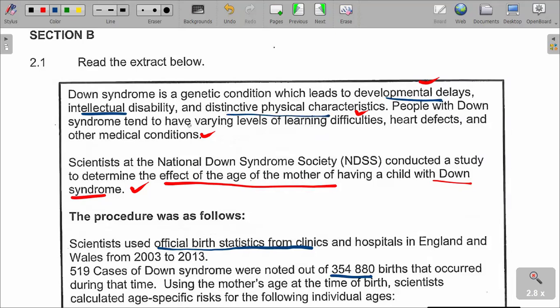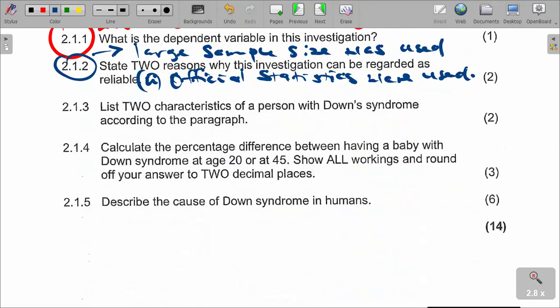People with Down syndrome tend to have varying levels of learning difficulties, heart defects, and other medical conditions. So we can give a list from this. Developmental delays.